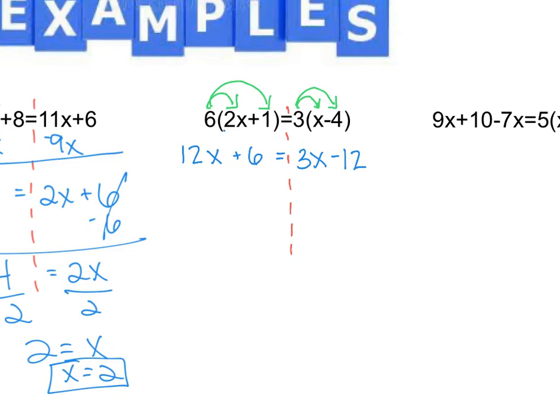So now we want to get all of our x's in one place. I'm going to move the smaller 3x. Drop everything else down.